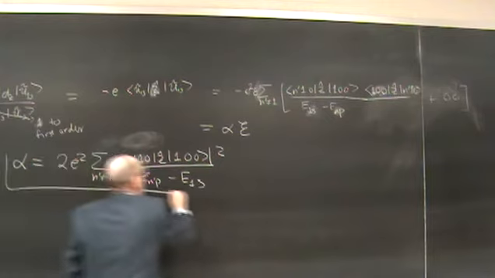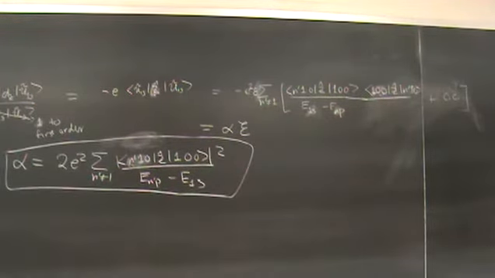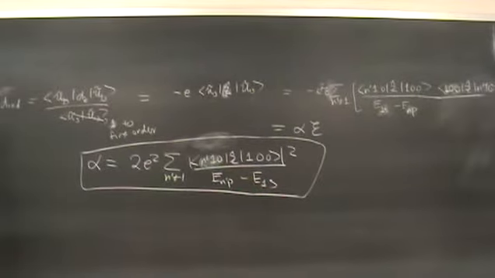Okay. So what we've calculated using perturbation theory is how the atom gets an induced dipole moment, and this is the polarizability.